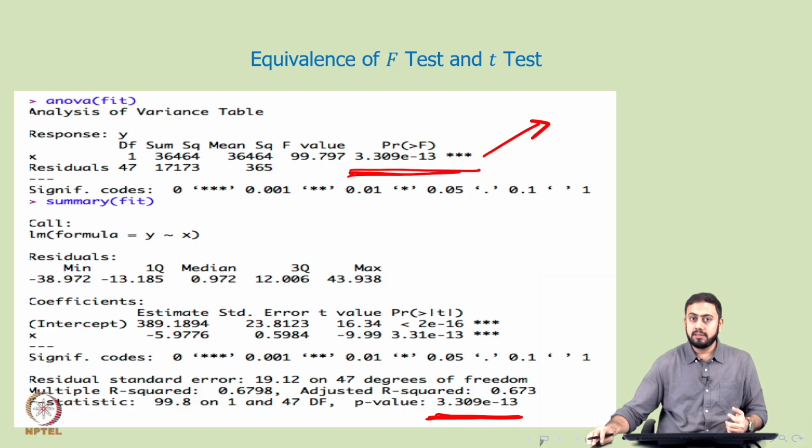Hence, this is a very interesting point, or more like a lemma, that an F-test and a t-test, or rather ANOVA and a t-test, should give you the exact same results under SLR only. Of course, if you extend SLR to MLR, things would be different, because there will be more than one X and so on.